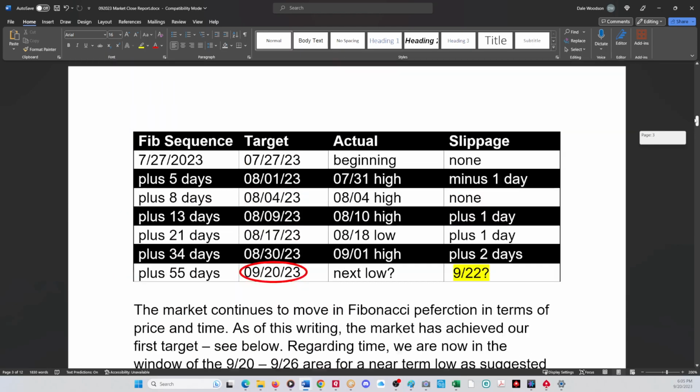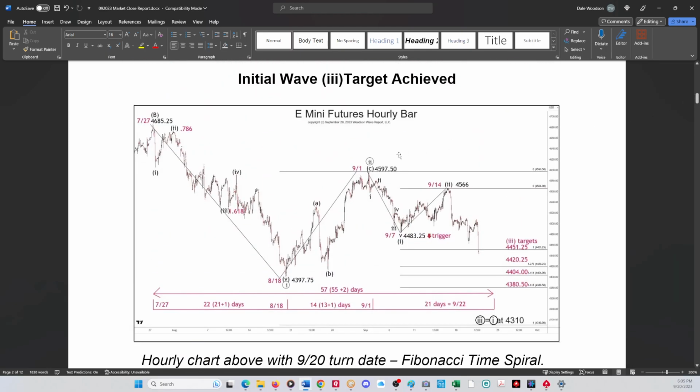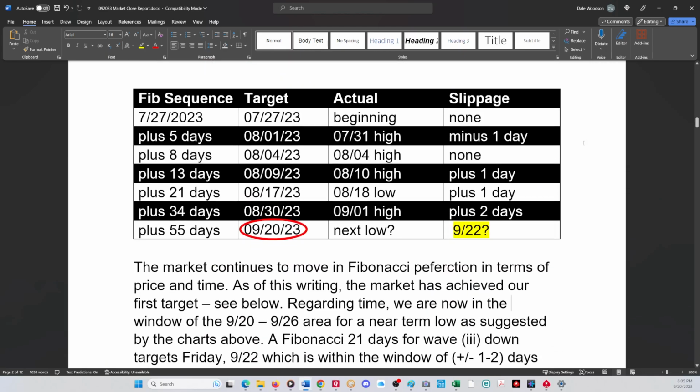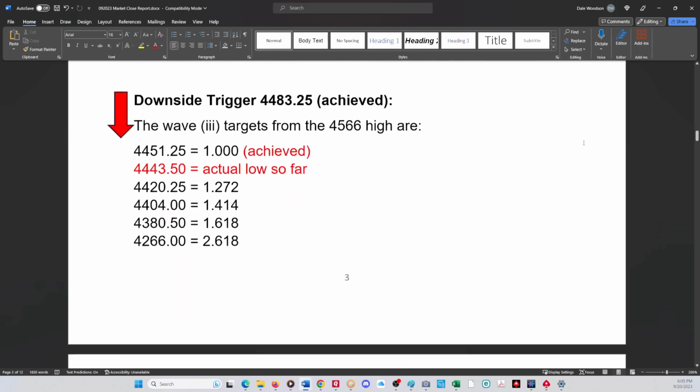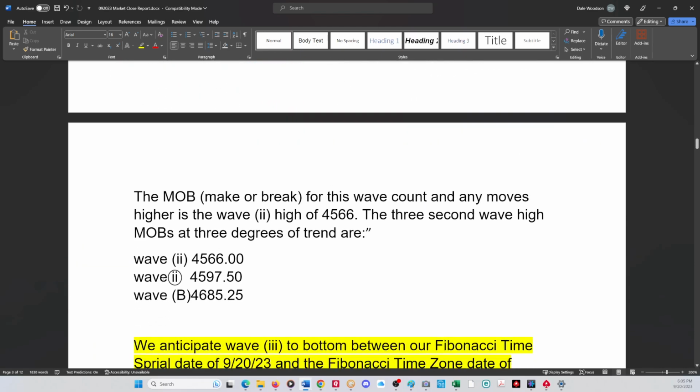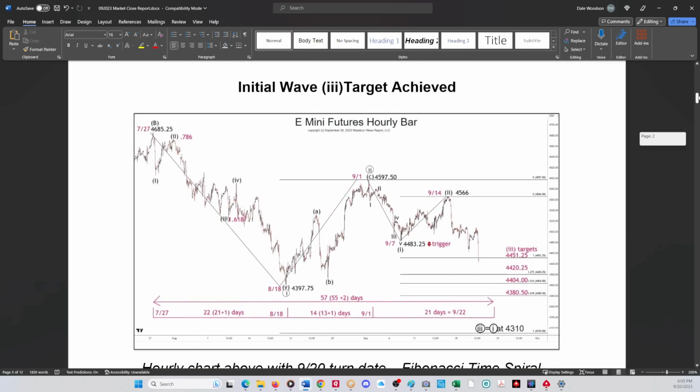The 2 with a circle around it, which is up there. And then the last one is the B wave high. That's the largest degree of trend on this chart, and that's 46.85 and a quarter, and that's back here on the 27th. So that's the second wave, a B wave. That's the second wave, the 2 with a circle. That's the second wave, the 2 with parentheses.